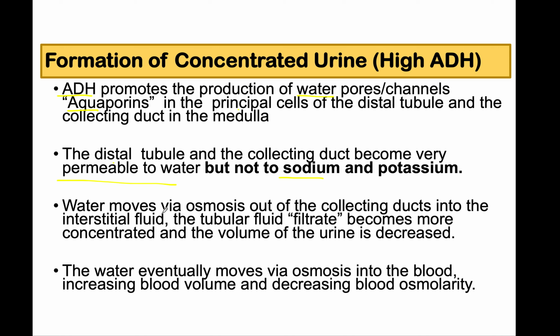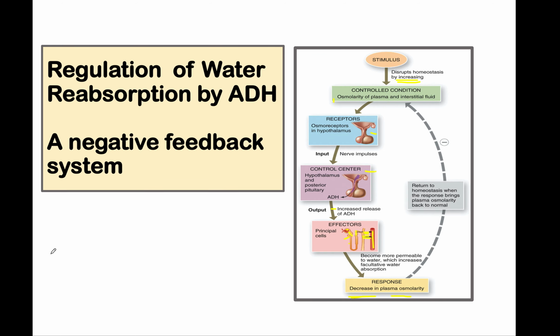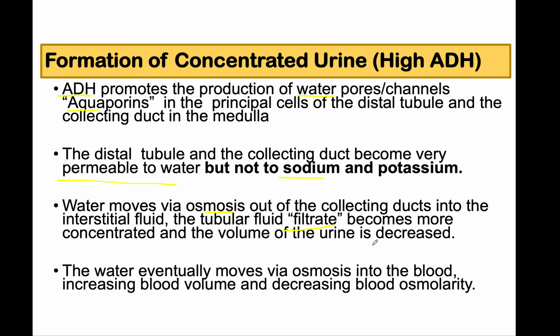So the water will go by osmosis into the interstitial fluid, and the filtrate will become less concentrated. And from the interstitial fluid it will go into the blood, and the blood will become more diluted and will decrease the blood osmolarity.